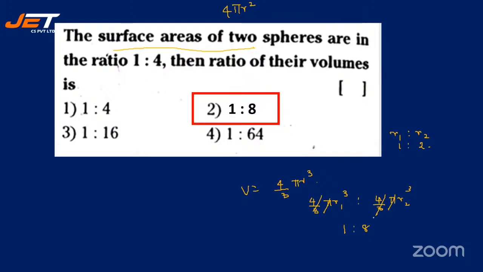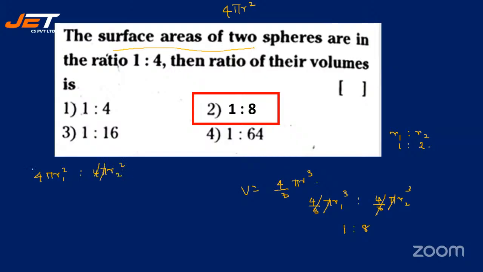The surface area of two spheres, they've given us the ratio as 1 is to 4. So what is the formula for the surface area? It is nothing but 4 pi r square. Since two spheres are given, we are taking the radius for one sphere as r1 and the radius for the other sphere as r2.